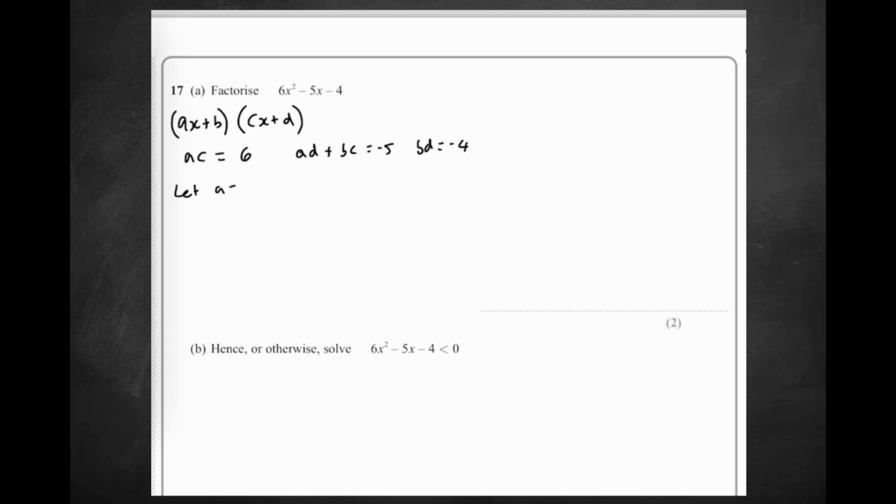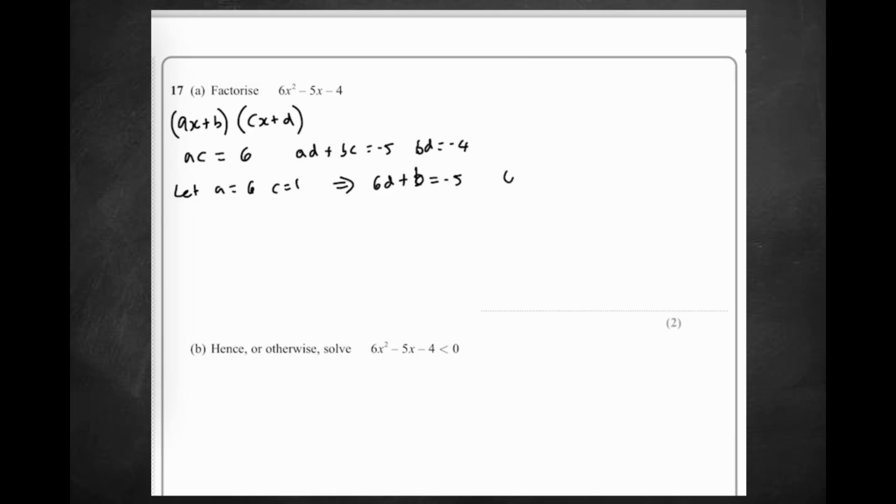So let a equal 6, c equal 1. Then we have 6d plus b equals minus 5. And we know that bd equals minus 4, so one of these has to be positive and one of them has to be negative. Either it's 2 and minus 2, or 4 and minus 1, or minus 4 and 1.